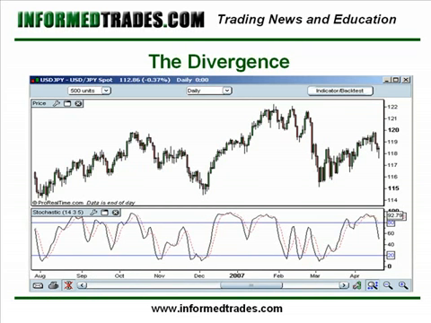Divergence is the third way, and very simply, when the market is making new highs and the market is trading in the opposite direction of the indicator, that's an indication that a reversal may be coming. So you have divergence here, and as you can see, the market's making new highs there, but you can see by looking at the stochastic that momentum in the market is not following upwards.